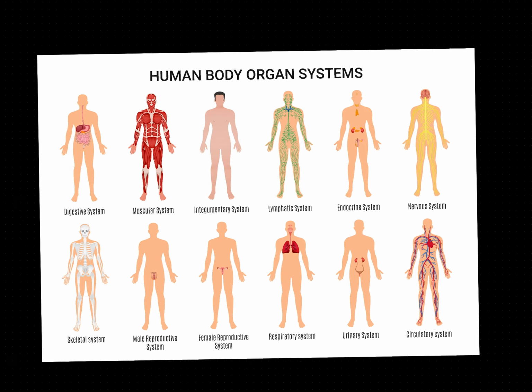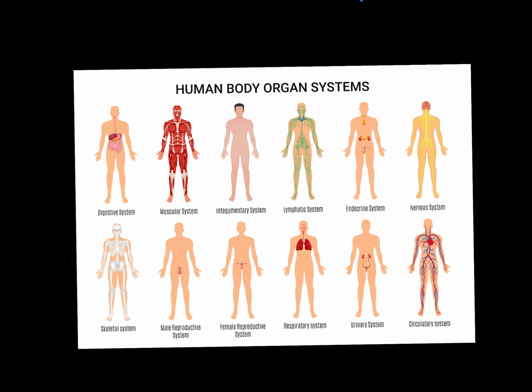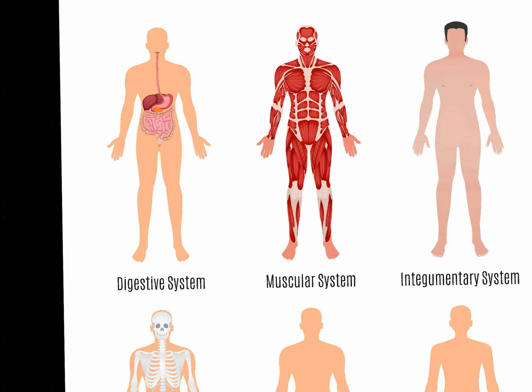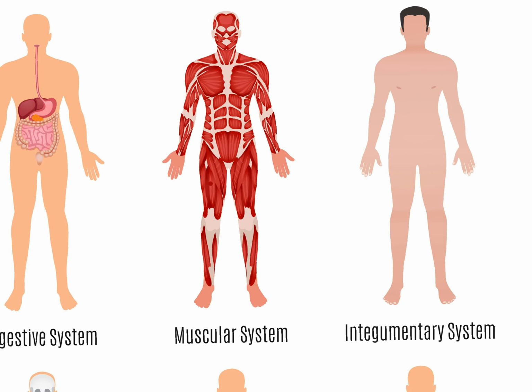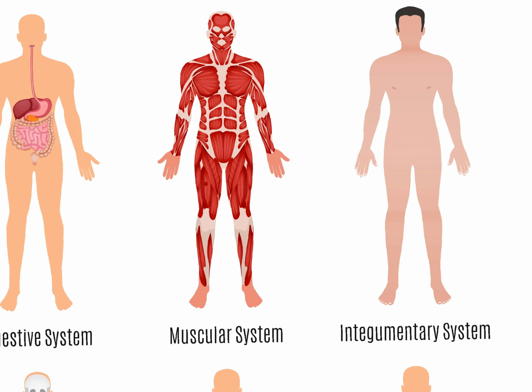A lot of these we don't really worry about that much in this class, but we have our digestive system, which breaks down food. We have our muscular system that helps us move our body, and that is where a lot of cellular respiration happens, in our muscle cells.